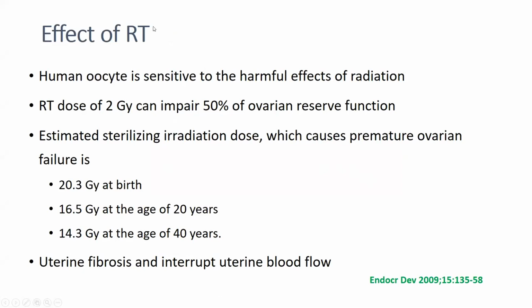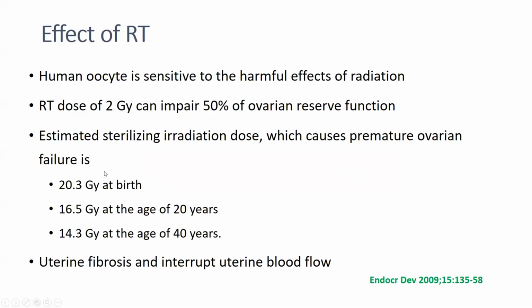Now, coming to the effect of radiotherapy on fertility, the oocyte is very sensitive to the harmful effect of radiation, we all know, and as low as 2 gray of radiation can impair at least 50% of the ovarian reserve. And as in chemotherapy, the effect of radiotherapy also increases along with age.